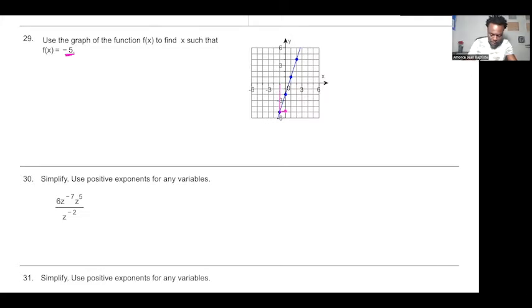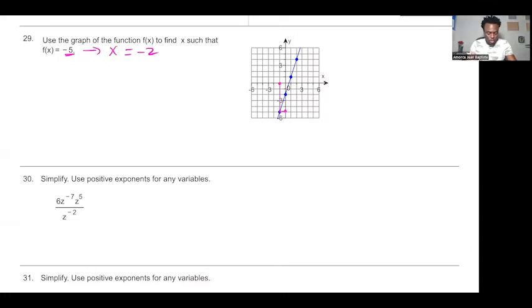We find that the x value at which we hit the graph at y equals -5 is -2. So f of x equals -5 gives me x equals -2.